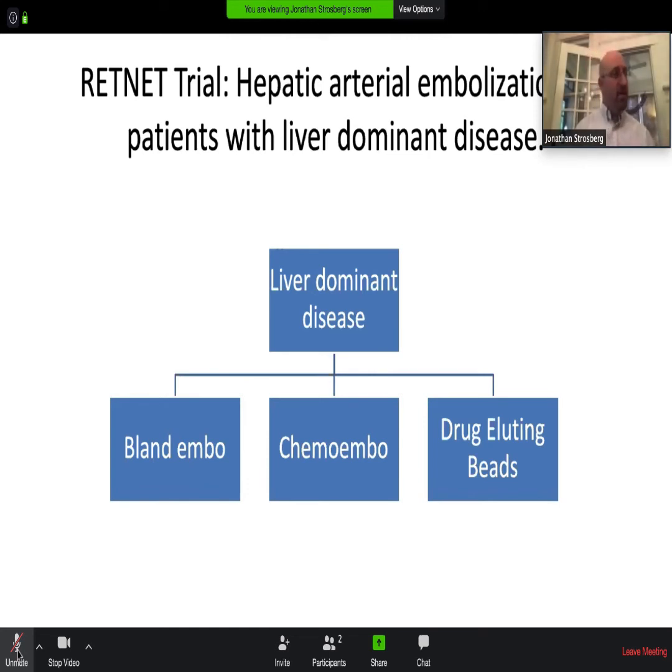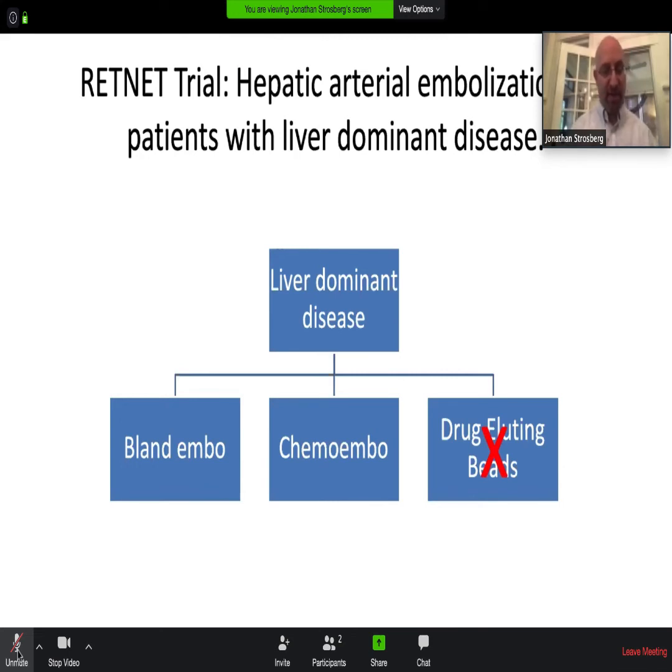Now, for decades, we've had interventional radiologists using any of these techniques based on their personal preference with absolutely no data to compare them. So this is a randomized trial comparing these three different techniques. And we're still waiting for the final results, but one thing we found out on interim analysis is that the drug-eluting beads can be quite dangerous for patients with neuroendocrine tumors.